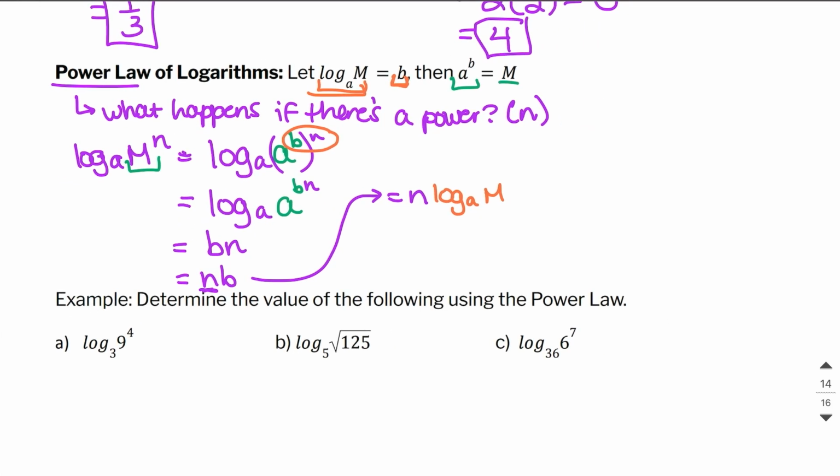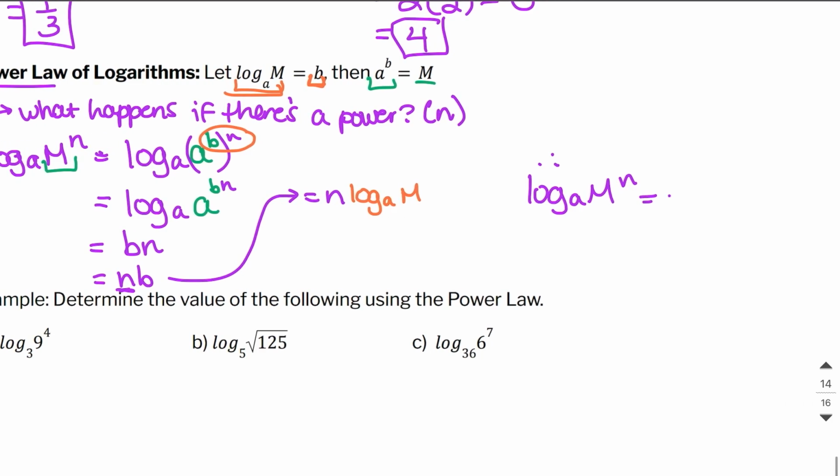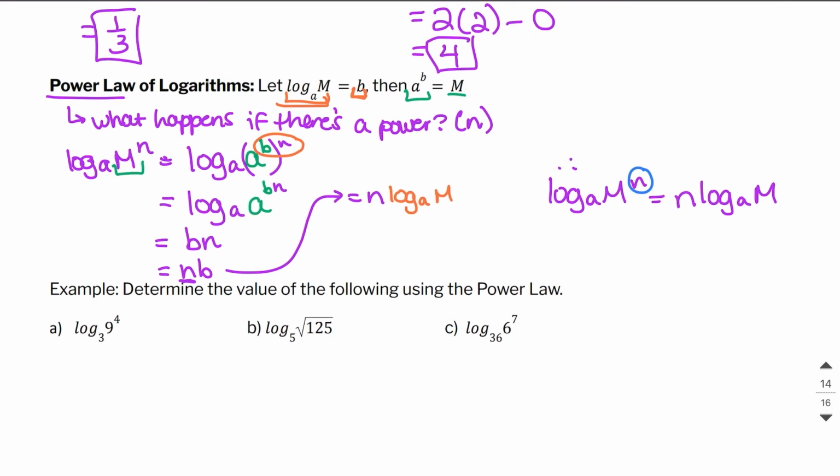What does that tell me? That tells me that log base a of m to the power of n is equal to this final answer, which is n times log base a of m. So what this means is I can just take this n and bring it out in front if I have a logarithm here.